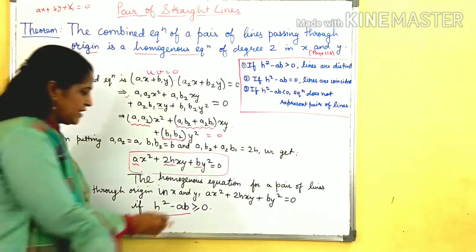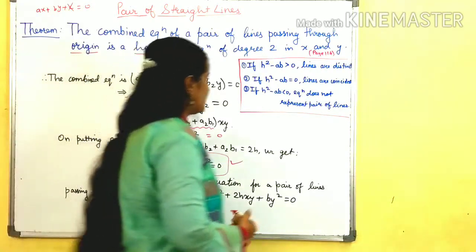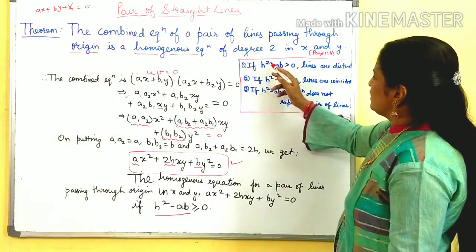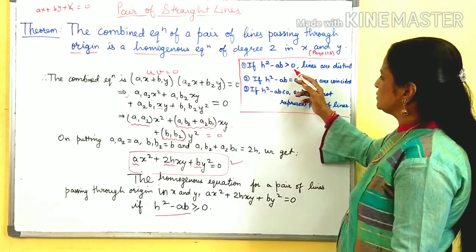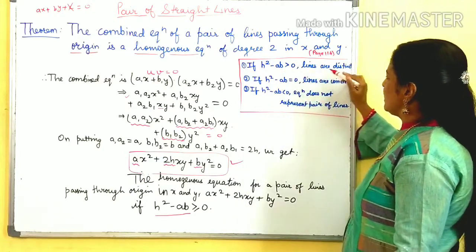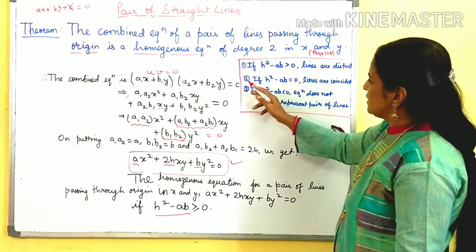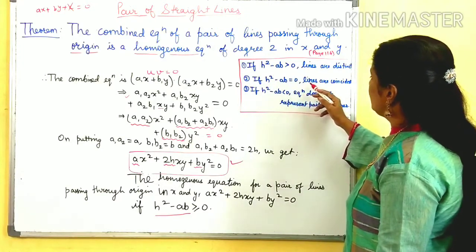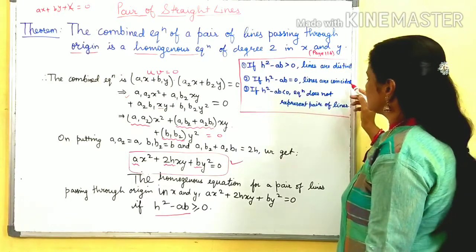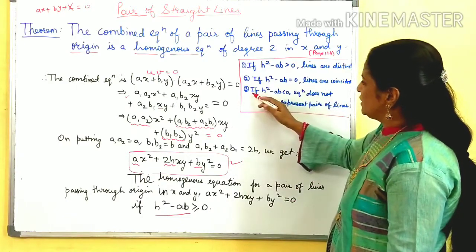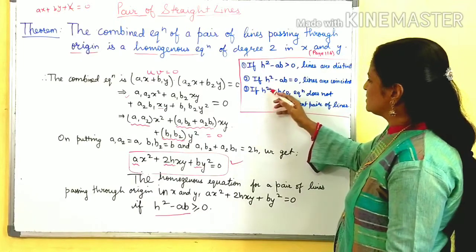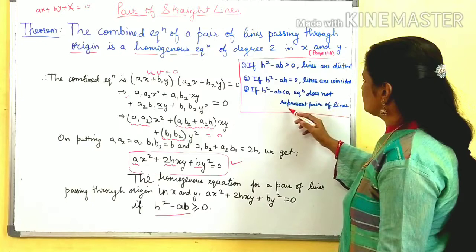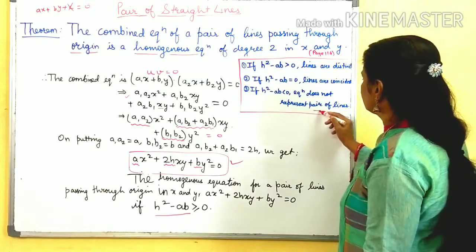For the standard equation of lines, we have three conditions. If h square minus ab is greater than 0, then the lines are distinct. Second, if h square minus ab is equal to 0, the lines are coincident. And the third condition: h square minus ab less than 0, the equation does not represent a pair of lines.